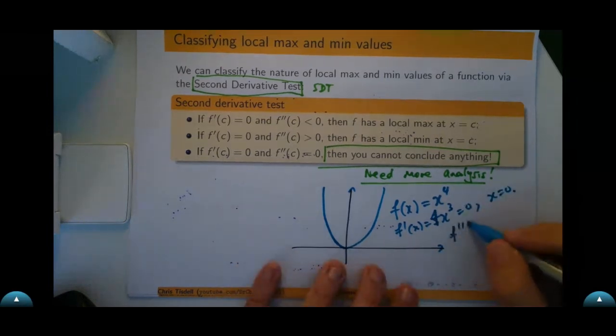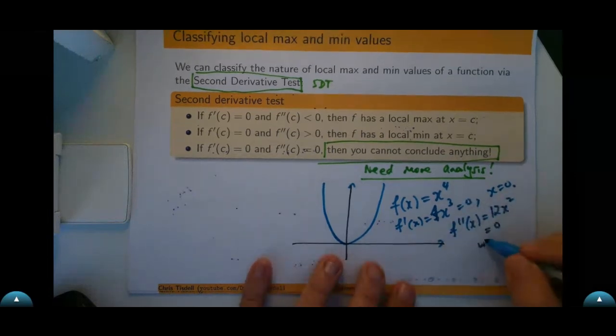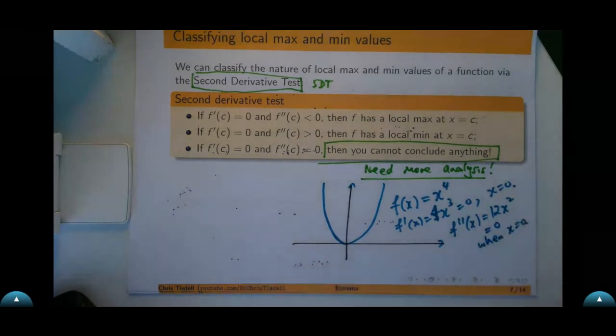And if you take the second derivative, you're going to get 12x squared, which equals 0 when x equals 0.